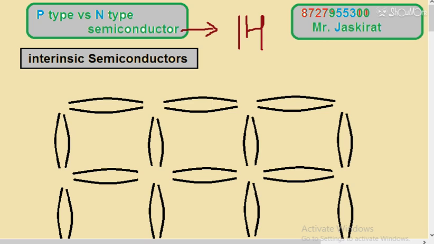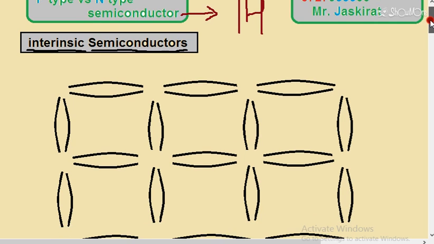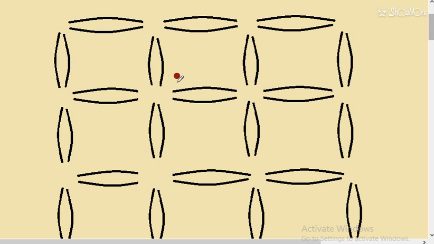Now let's move to the diagram of intrinsic semiconductor. Intrinsic means it's the purest form of semiconductor. From this diagram you can see, suppose I have a silicon atom here, Si. Let me change its color. The same silicon atom is here, Si.